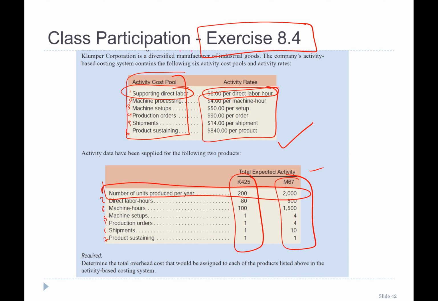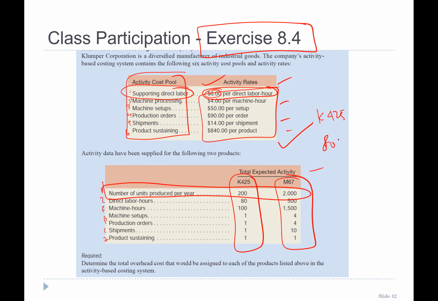Here we go, the number of units produced per year, right? This is a logical trick to confuse the students, since we don't need the number of units produced in any activity rates. All you need to do is multiply the activities with the activity rates. So for supporting direct labor hours, we have 80 labor hours for K425.